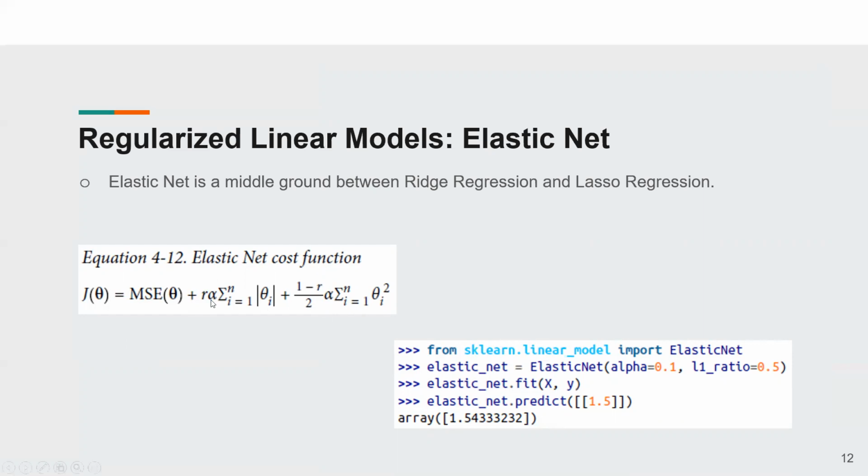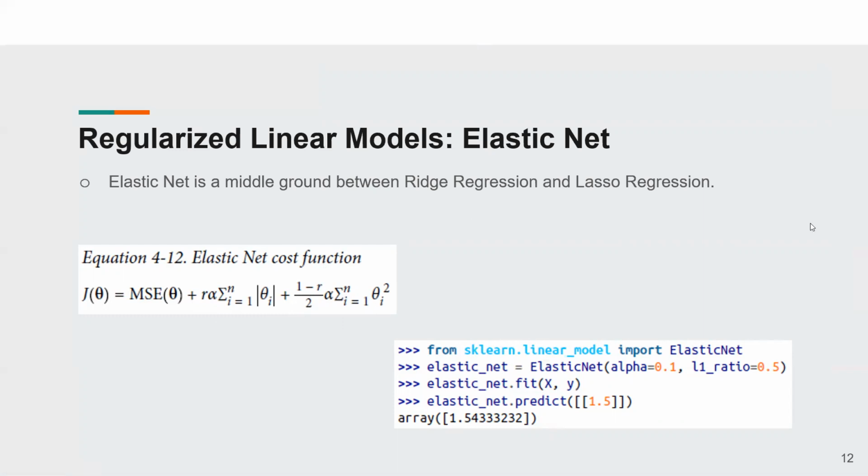If r is 1, this one would be 0, so it only becomes Lasso. When r is 0, this term is gone, and the other term is the only term, for ridge regression.